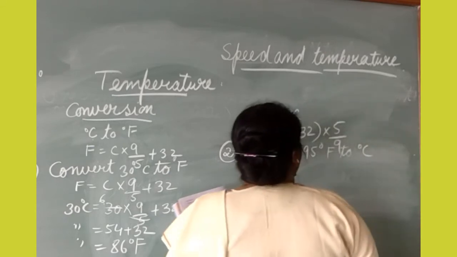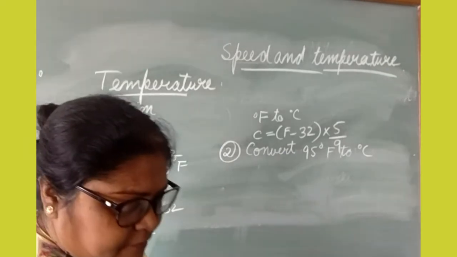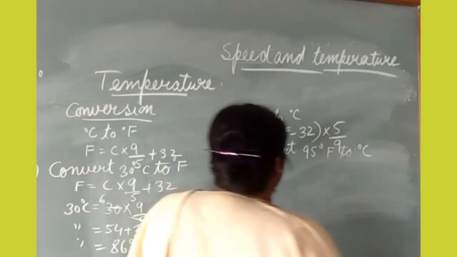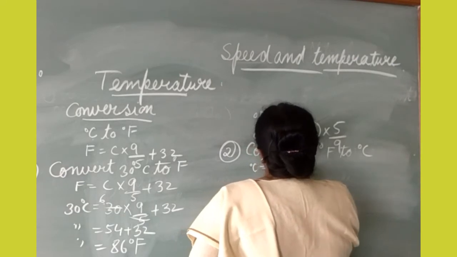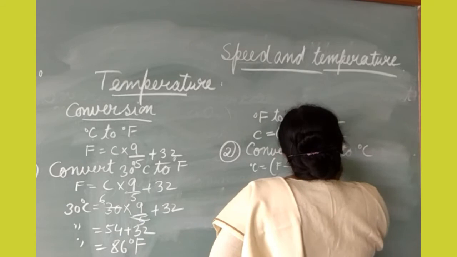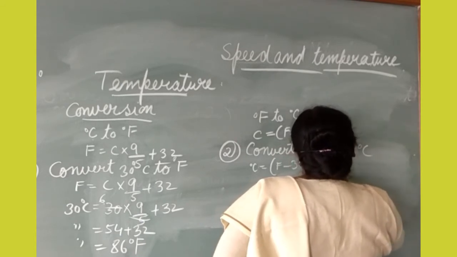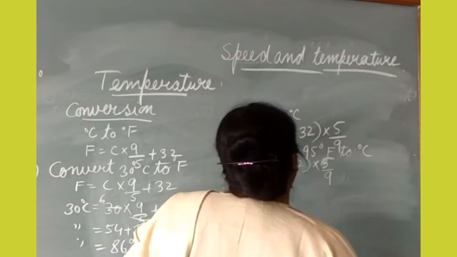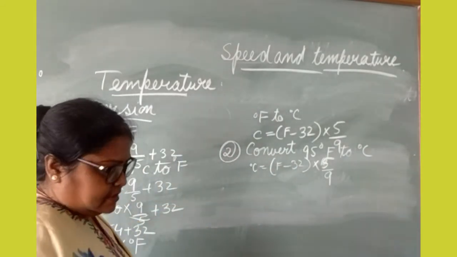Degree Celsius equals (F minus 32) into 5 by 9. Yes, 5 by 9. What is given for Fahrenheit?